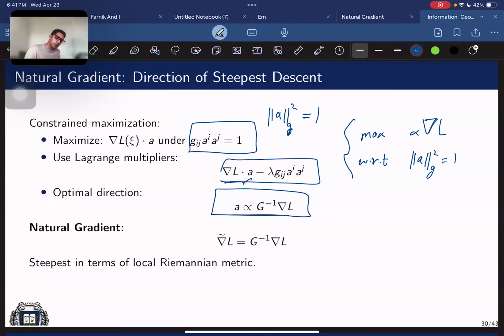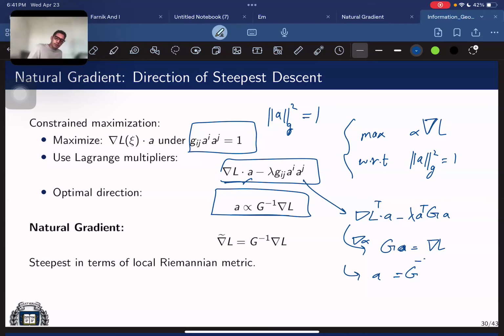I can go ahead and write it. So this is the gradient dot A minus gamma A G A. And then if you take the gradient with respect to alpha, A G A would be this. And so A is nothing but this.